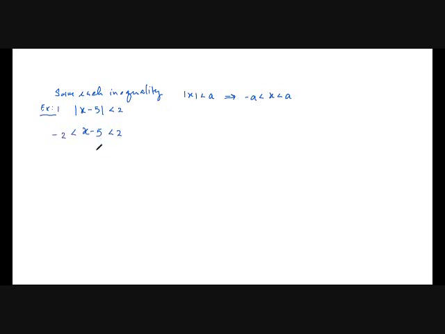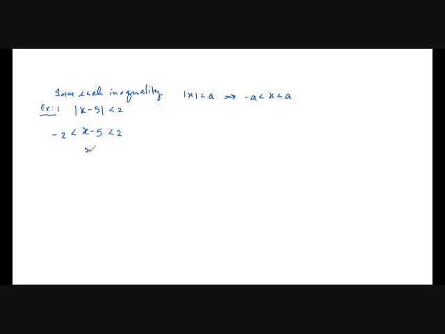Then you solve. You remember last class, we solved some inequality questions, use the same technique. We want the middle term to be only x, so we have to eliminate negative 5. So we add 5 to every term.